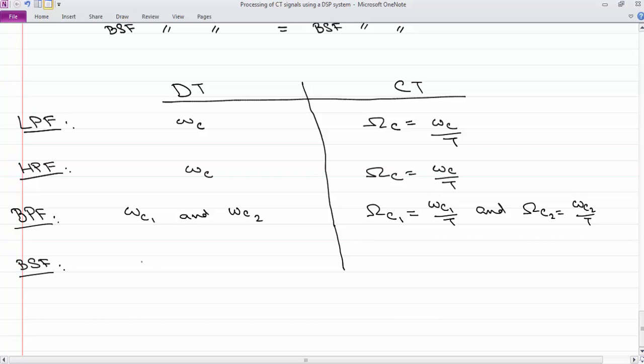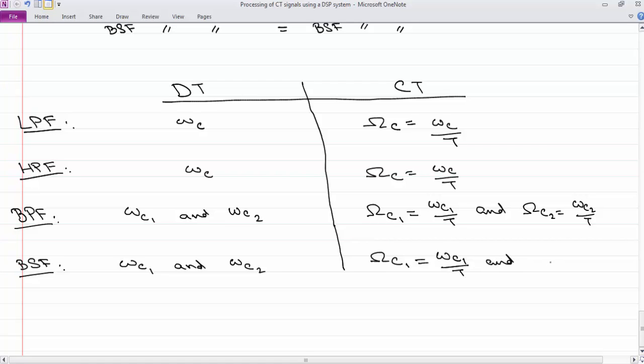Band stop filter. Again, it's given by 2 parameters. Where does the stop band start and where does the stop band end? So it's again given by omega c1 and omega c2. And the relationship in continuous time is exactly the same.